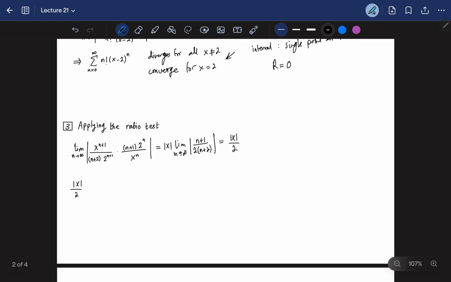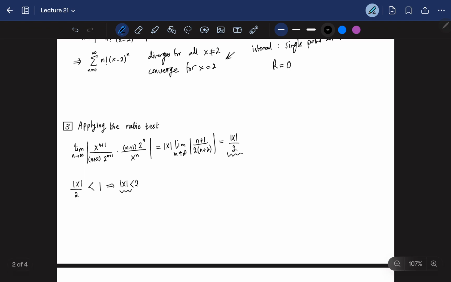When we did the ratio test, if the value of the limit was less than 1, then by the ratio test, it converges. So let's simplify this. The absolute value of x is less than 2 if you cross multiply.